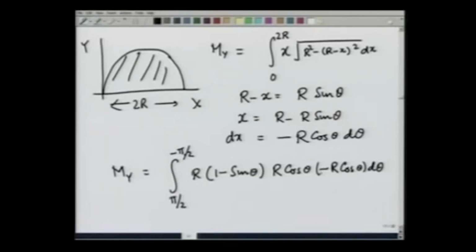Because of this minus sign here, I can write this as the integral from minus pi by 2 to pi by 2 of r cubed times (cosine squared theta minus sin theta cosine squared theta) d theta. This is a simple integration which we can perform.